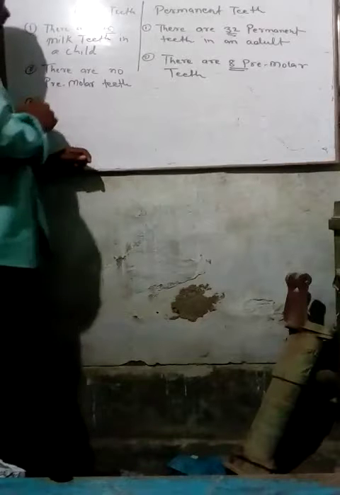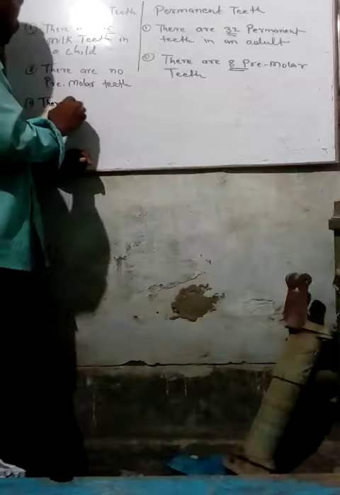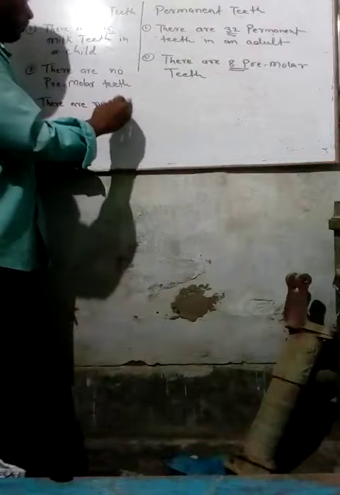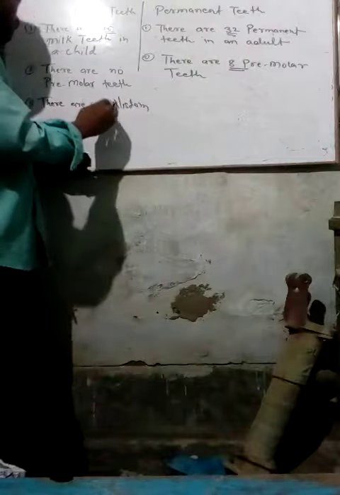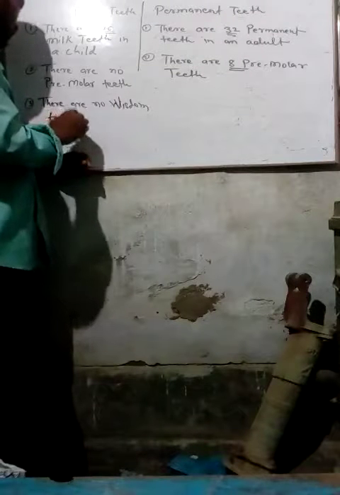Third, there are no wisdom teeth. Right? As I told you, in permanent teeth there are 4 extra teeth called wisdom teeth. But in milk teeth there are no wisdom teeth.